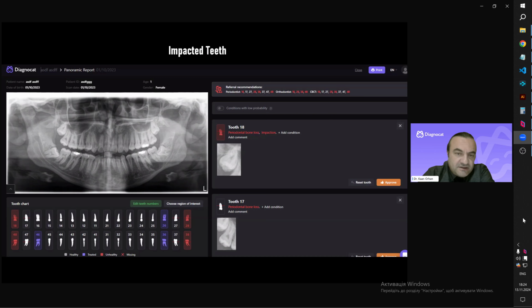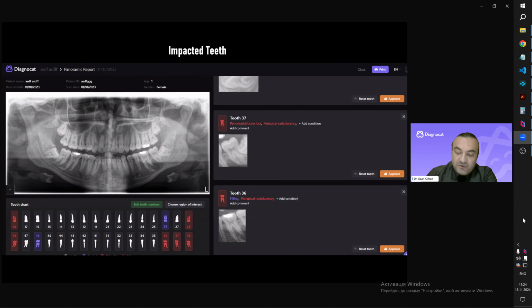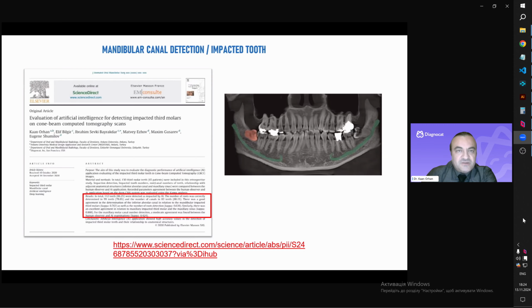As in this slide, you can have like 4 impacted, but the most important thing as a dentist is that we need to know if the tooth is connected or in relation with the mandibular canal, or is far away from the mandibular canal, or in contact. Now, DiagnoCat can give you this prediction, this diagnosis, not only from 2D, but also from the 3D imaging modality.